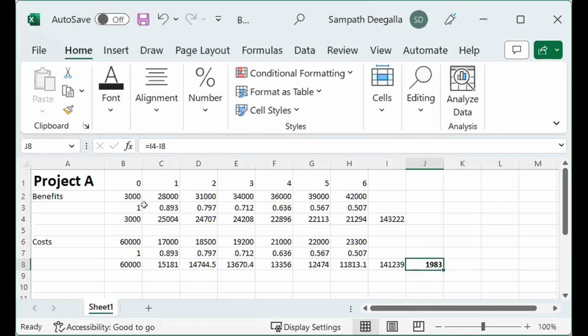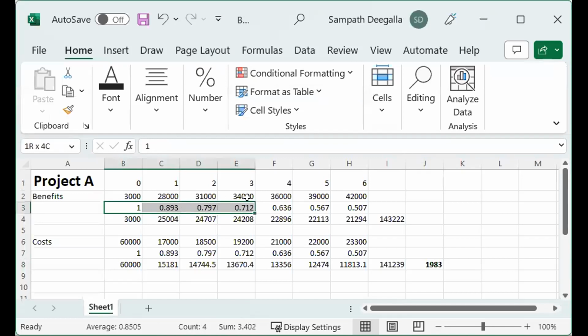So what we did by looking at the present value table, we got the value as of today. So to get $1, you have to have 0.893 after 1 year. You have to have today 0.797 to get $1 after 2 years.